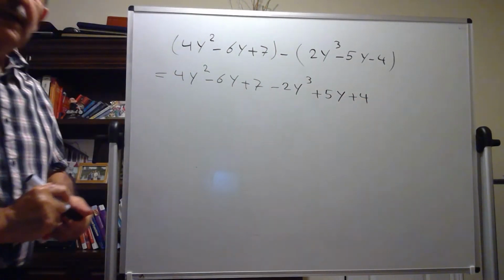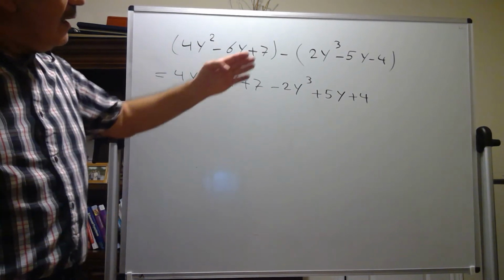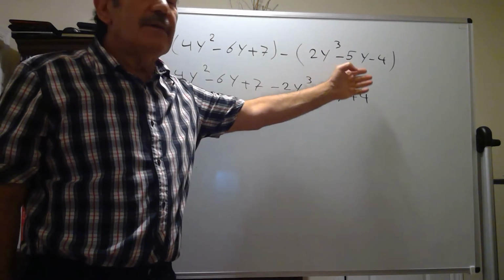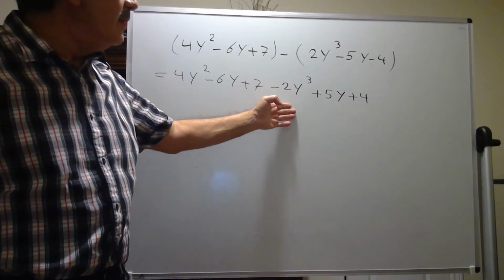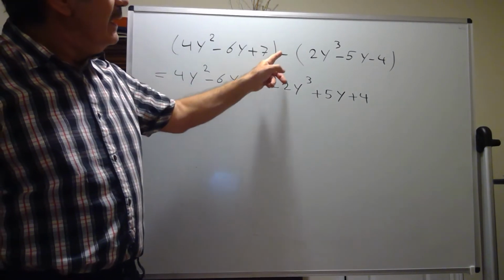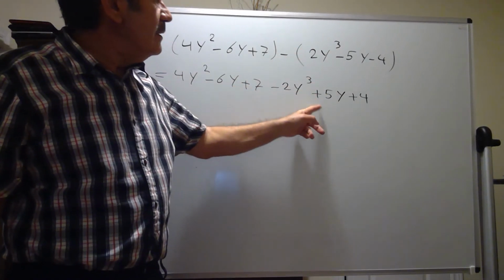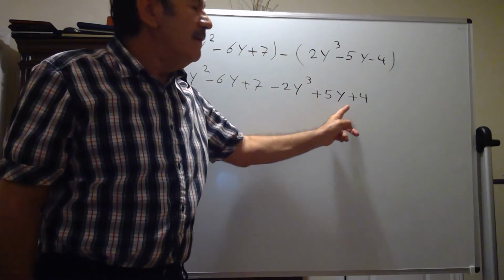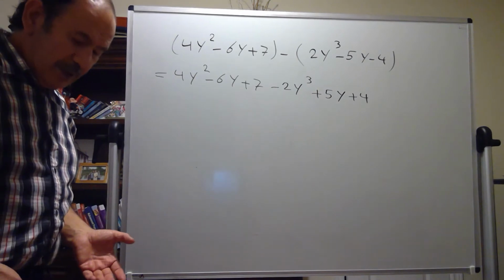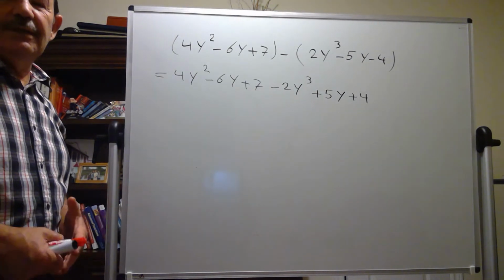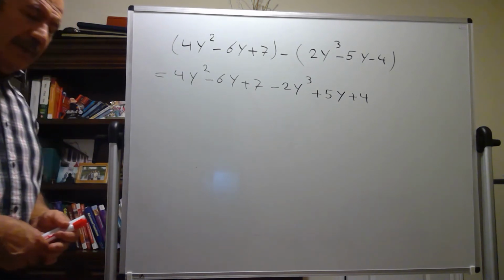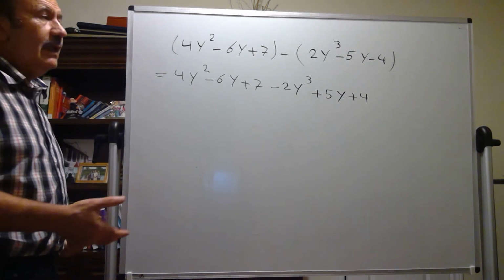Or a different explanation: I am multiplying this negative sign by all of the terms inside the bracket. Negative times positive is negative, negative times negative is positive, and negative times negative is positive. So one method is a memorizing method, which I don't like, but it is a method that you can just memorize, even though I recommend that you don't.